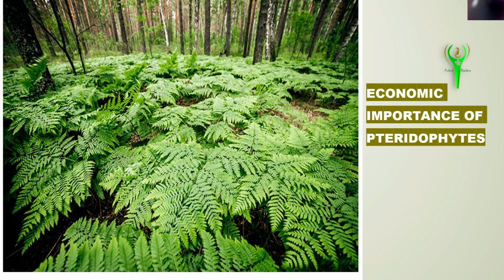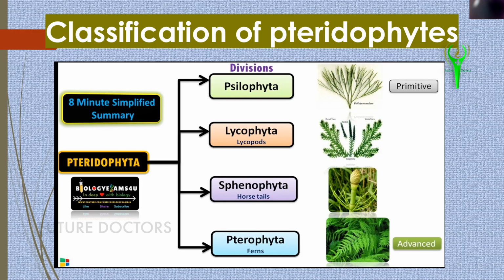Lycopodium is used in treatment of rheumatism and disorders of lungs and kidneys. Ferns are also grown as ornamental plants for their graceful plant body. Classification of pteridophytes. It is divided into four: Psilopsida, Lycopsida, Sphenopsida, and then Pteropsida.